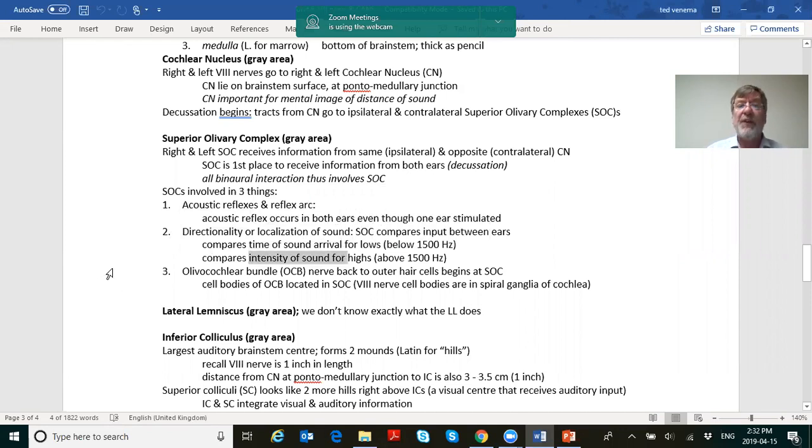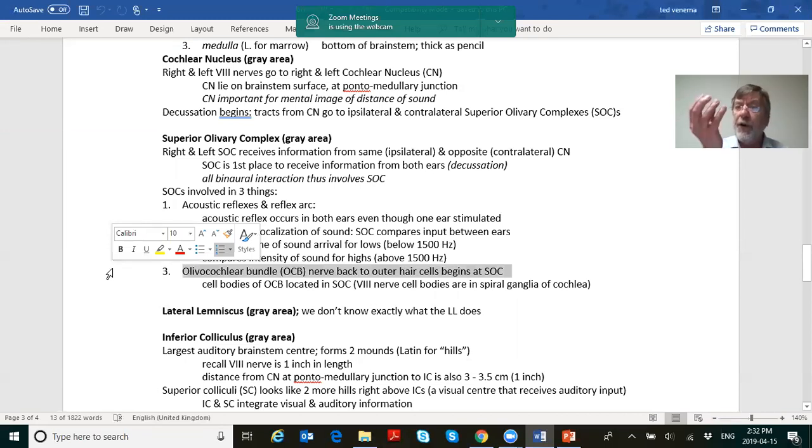And the third piece that the SOCs are involved in is the olivocochlear bundle, the nerve that runs counter or opposite to the direction of the eighth nerve. It goes from the brainstem to the cochlea and innervates the outer hair cells.